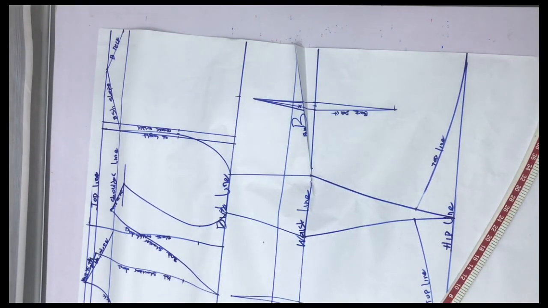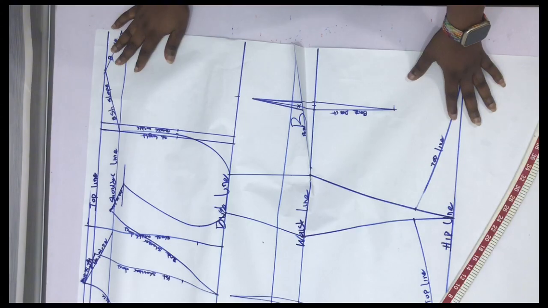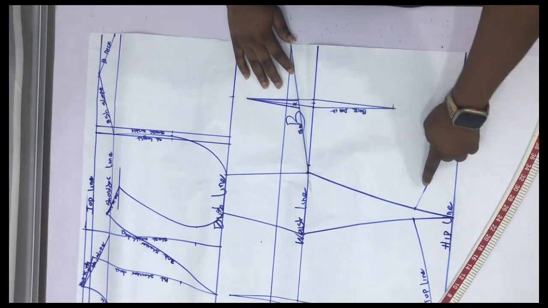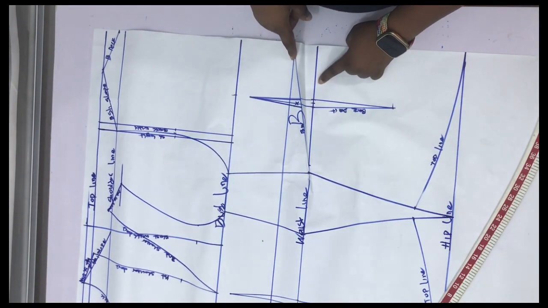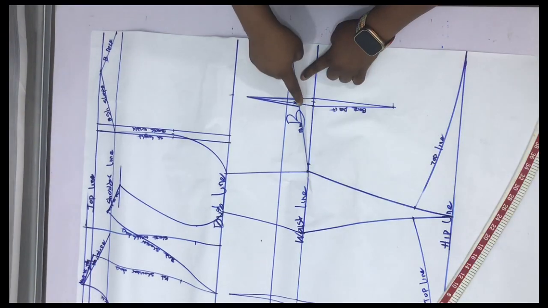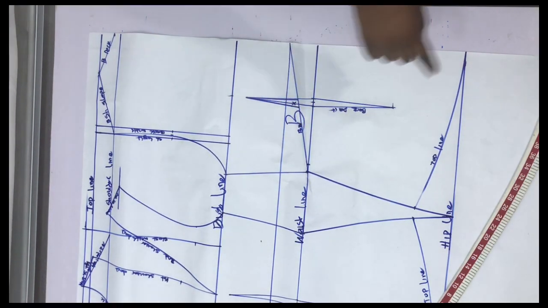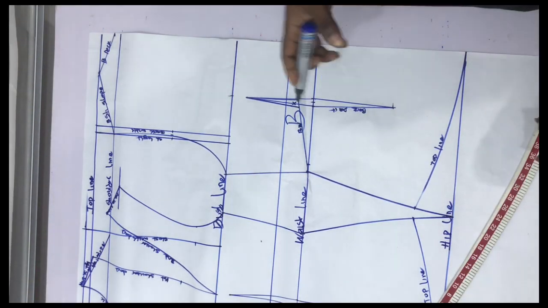For the back, there's what we call back waist. So I went ahead to measure my back waist, which is 14.5 inches. Then I connected it as seen. So after connecting it from the center back to the side, I'm going to be closing it, and that is because we don't need that anymore. This is to eliminate any bulginess that is going to be at the back.